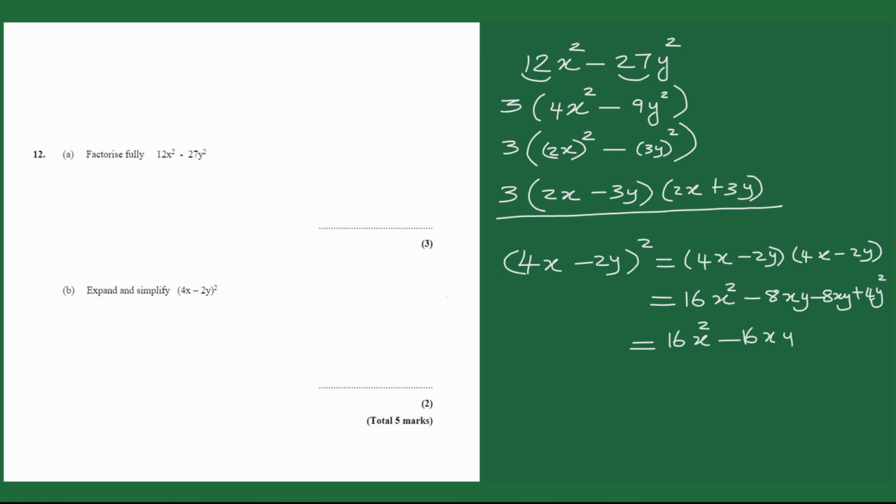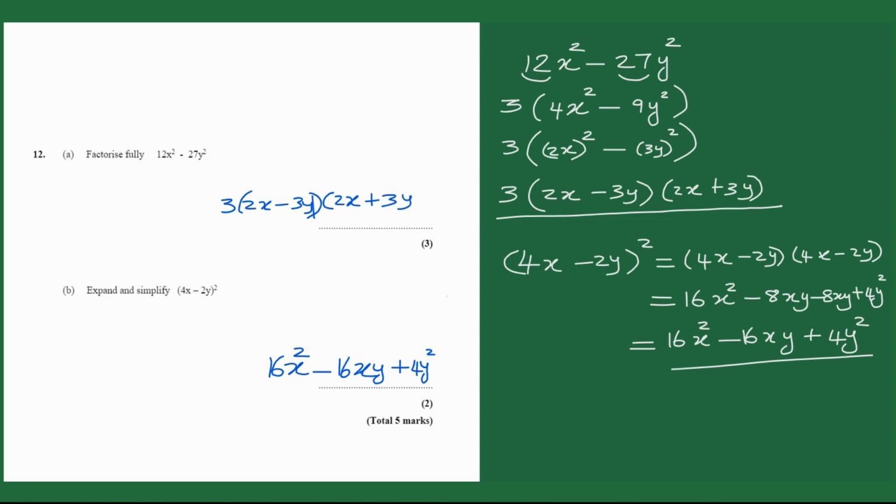Then 16x squared minus 16xy plus 4y squared. So that is our final answer for that. Let me copy this one: 16x squared minus 16xy plus 4y squared. And the first part is 3 times 2x minus 3y, 2x plus 3y.